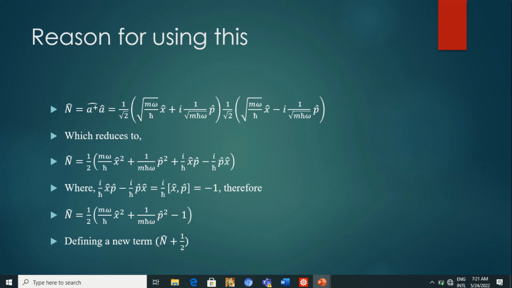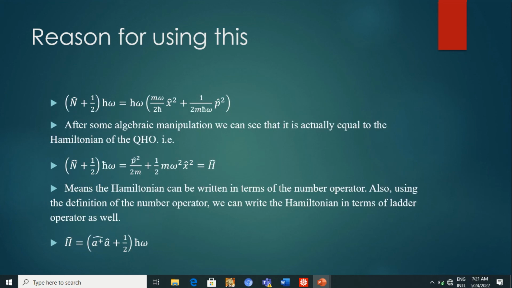And if we define n plus 1/2 to be a term, we find that this is strikingly similar to the Hamiltonian of the system, which implies that the Hamiltonian of a system in terms of number and ladder operators is this small and elegant thing.